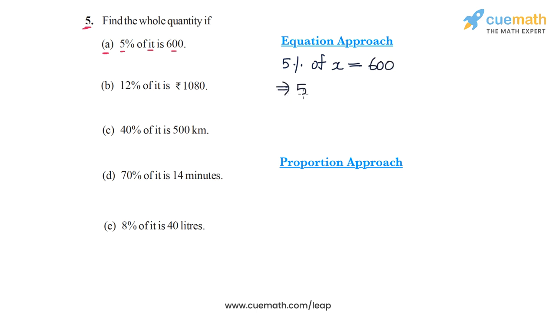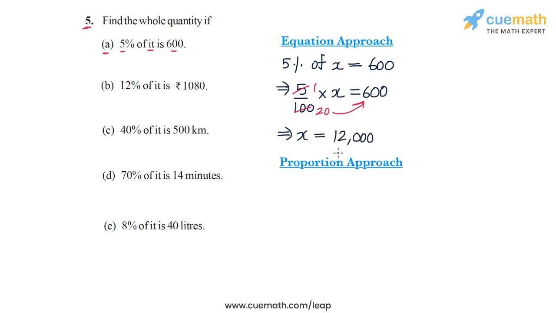This means that 5 by 100 into x is equal to 600, correct? Now from this equation we can find the value of x. So 5 by 100 is 1 by 20, and then we can take this 20 to the right side and multiply it with 600. So we will get x equal to 20 into 600, or 12,000. So this is the equation approach.